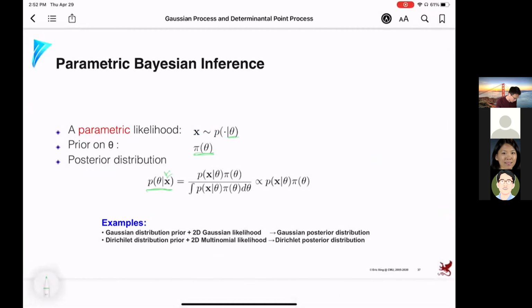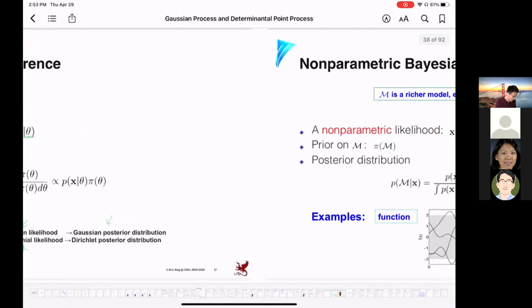One example: maybe theta follows a Gaussian distribution, and we observe some x that also follows a Gaussian distribution. When we put them together, the posterior is also Gaussian, right? Another example: we have multinomial data, and then we set a Dirichlet prior on the parameters, so we will get a Dirichlet distribution.